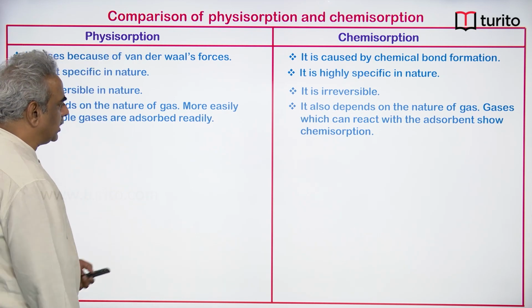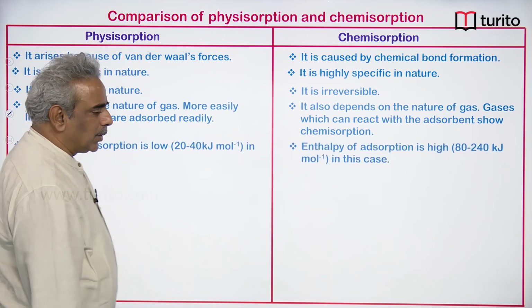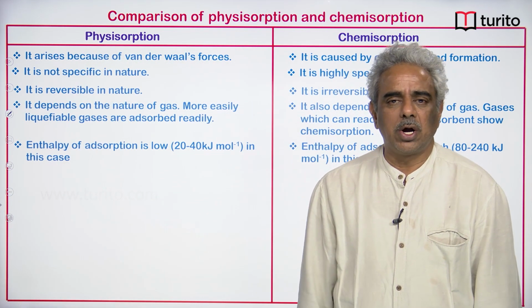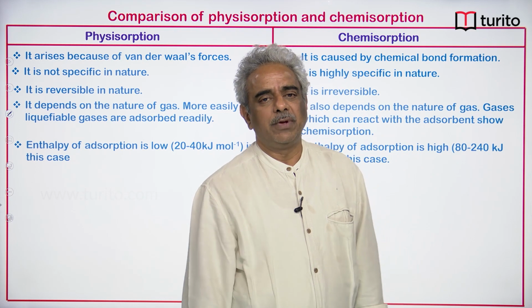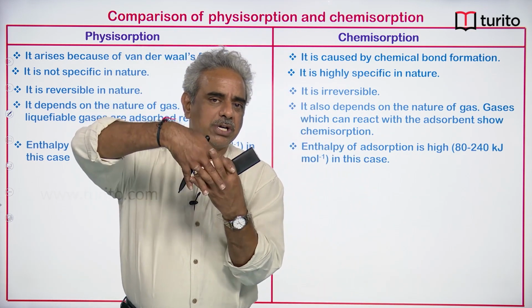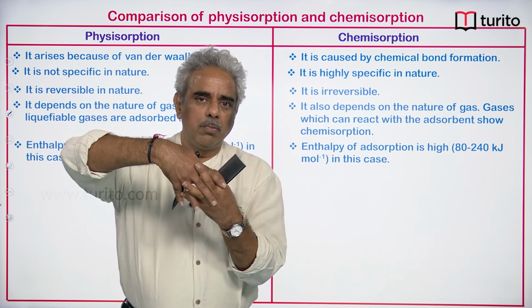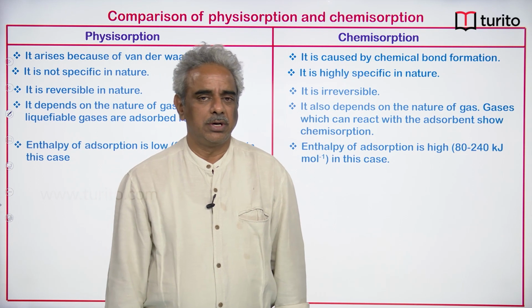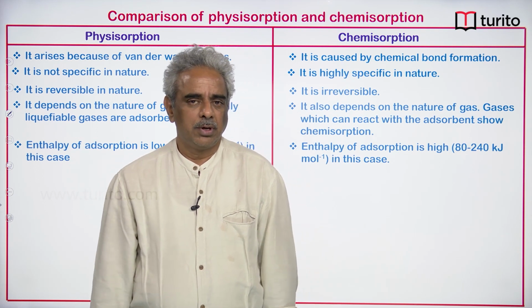Coming to my next point, enthalpy of adsorption. In the beginning I told you adsorption phenomenon is a consequence of attraction between adsorbate molecules and adsorbent molecules. The stronger the attraction, the more energy is lost. Attraction leads to loss of energy, stabilization of the system.